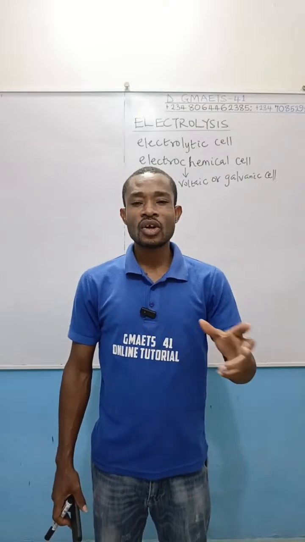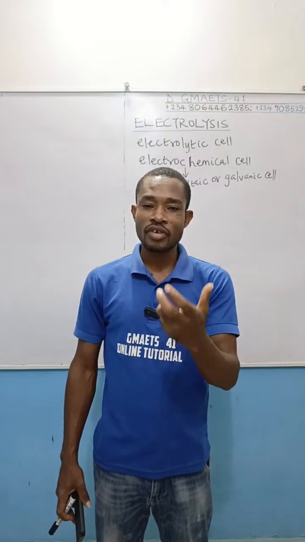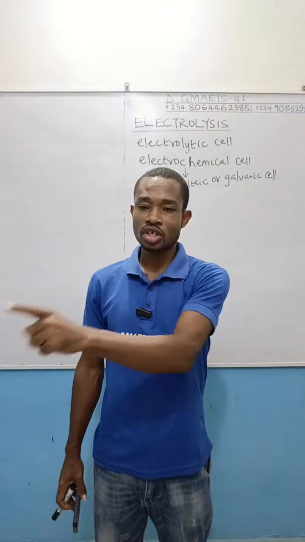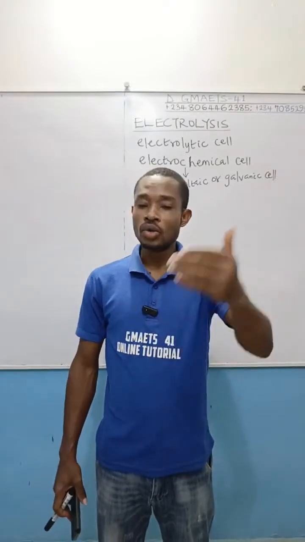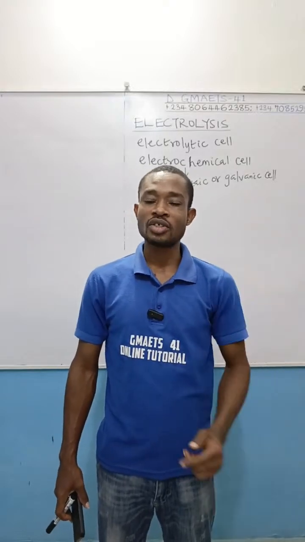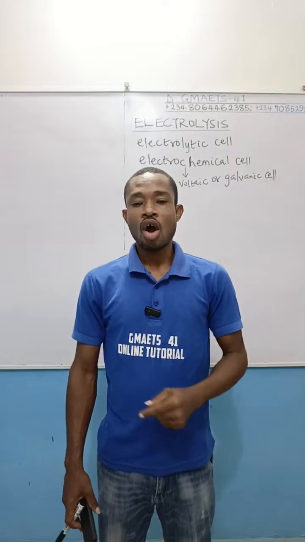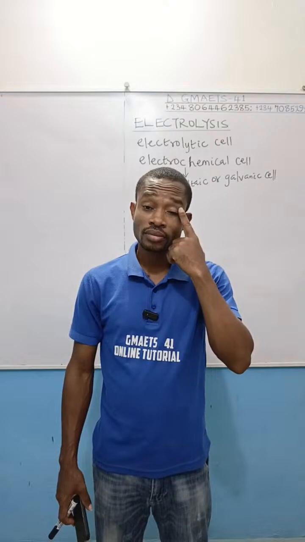Then Faraday's second law of electrolysis tells us that if you pass the same quantity of electricity through solutions of different electrolytes, the moles that will be produced will be inversely proportional to the charge of the ion of that element.